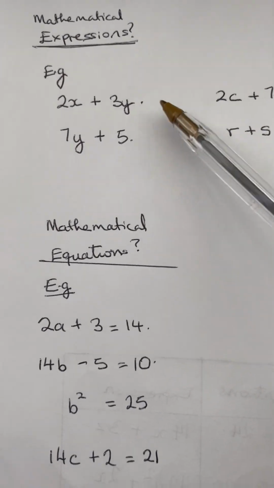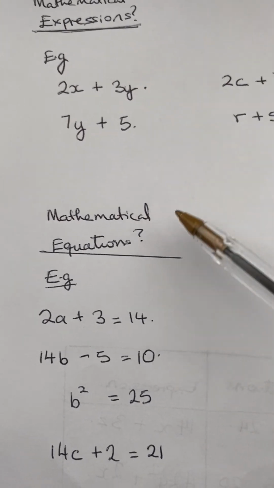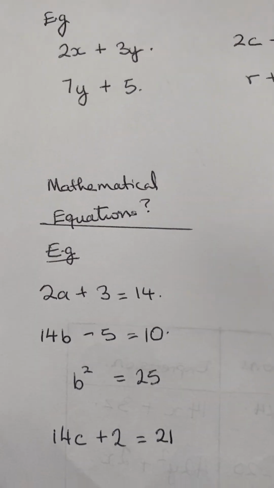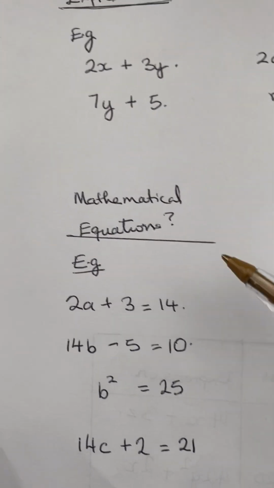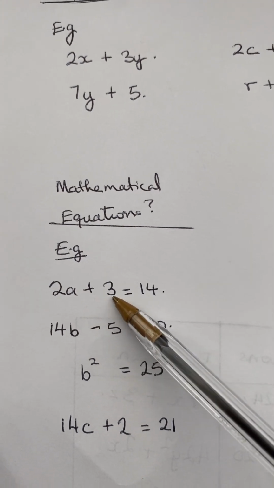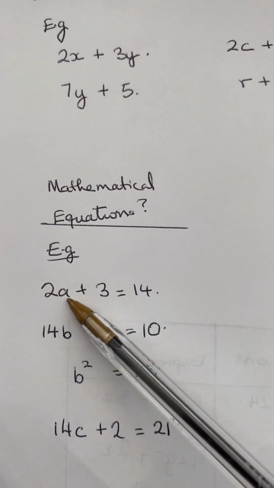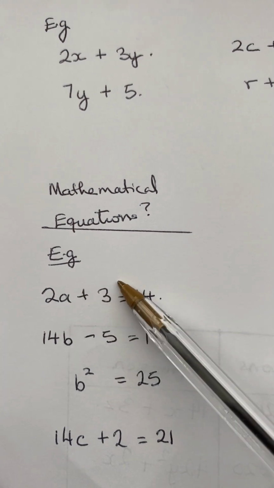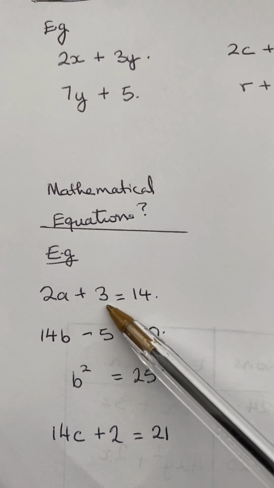Now, if the expression equals something, then it becomes an equation. So 2a plus 3 on its own is a mathematical expression.